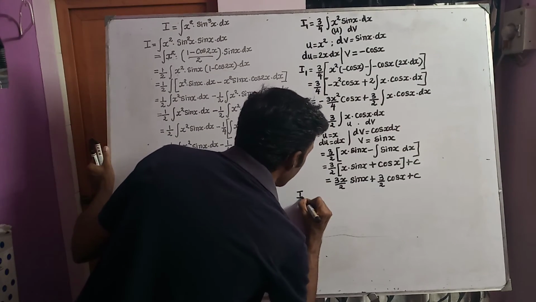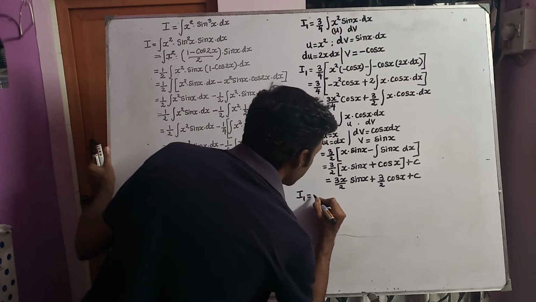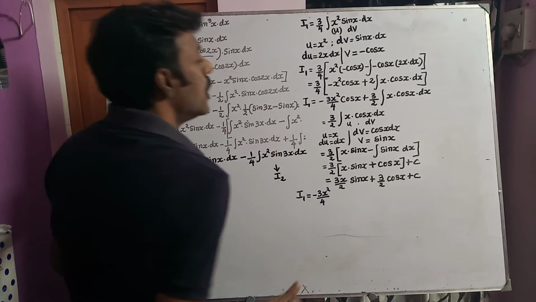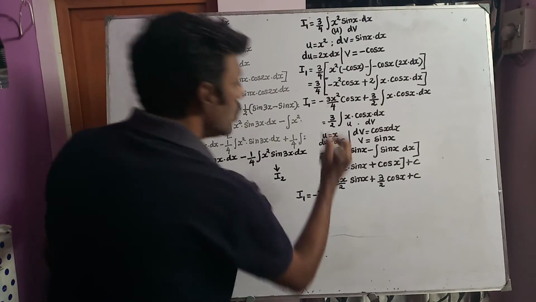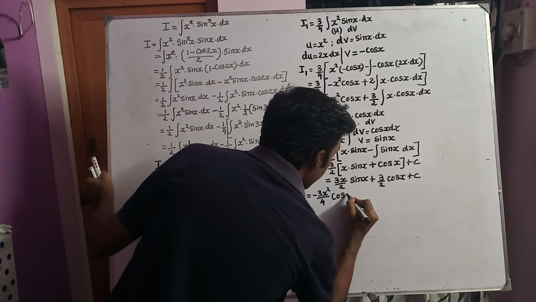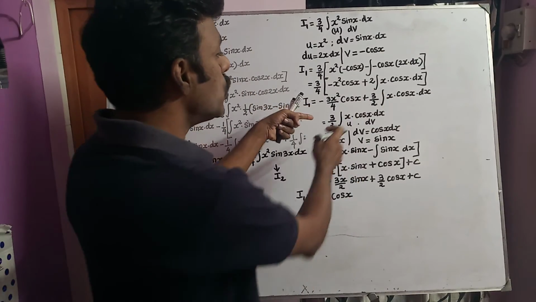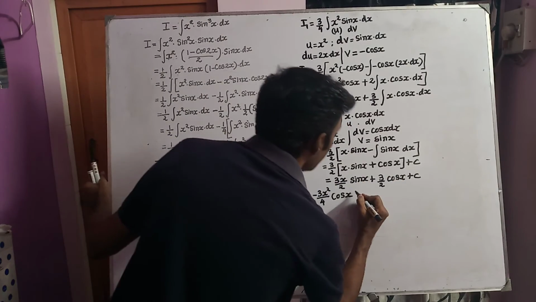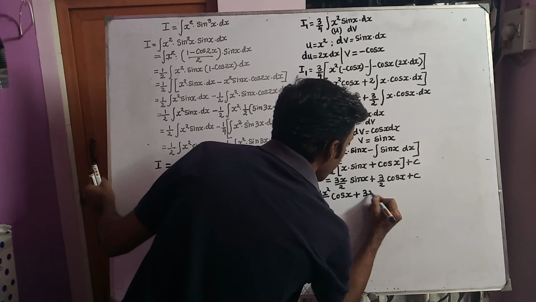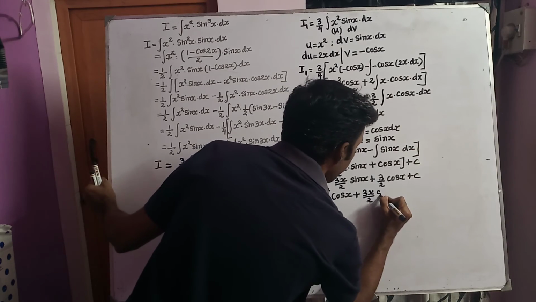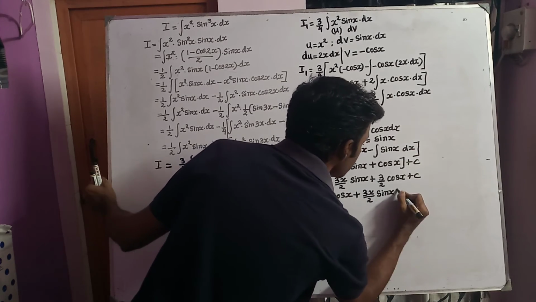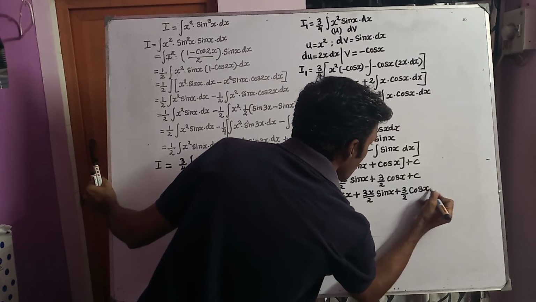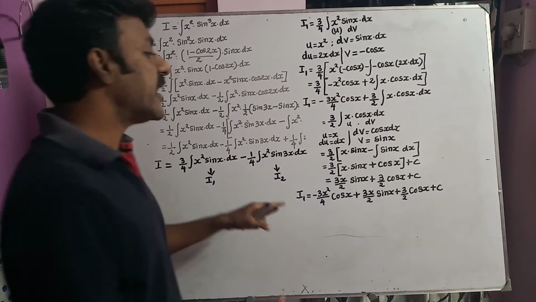I1 will be equal to minus 3x squared divided by 4 into cos x, plus 3 by 2 into integral x cos x dx, which yielded this value, so plus 3x divided by 2 sin x plus 3 divided by 2 cos x plus c. So this is the exact value of I1.